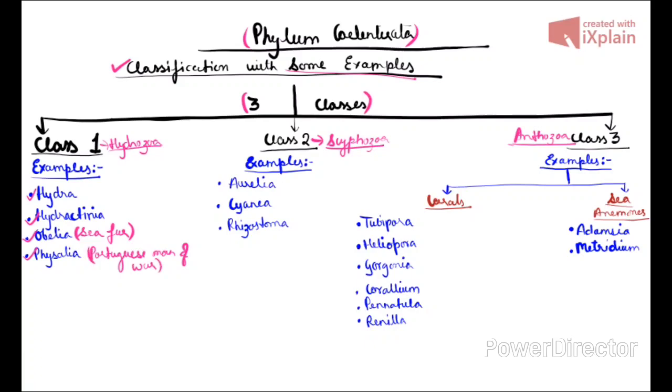So these are the examples of the class Hydrozoa: Hydra, Hydractinia, Obelia, and Physalia.